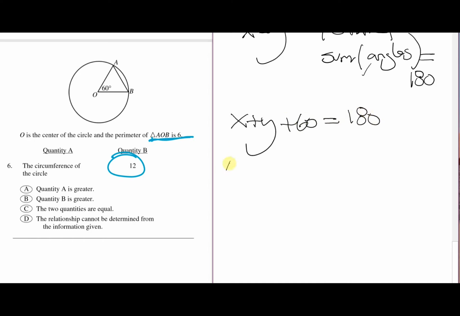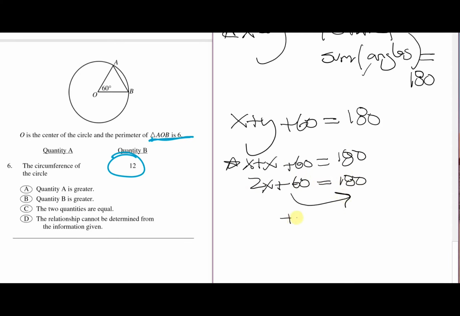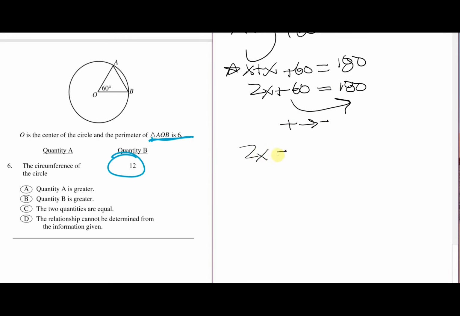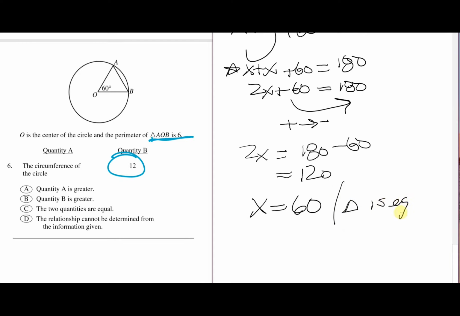So x equals y, therefore 2x plus 60 is 180. Then you change the sign, positive becomes negative, and you're left with 2x equals 180 minus 60, which is 120. And therefore you divide both sides by 2, x is 60, which implies this triangle is equilateral.